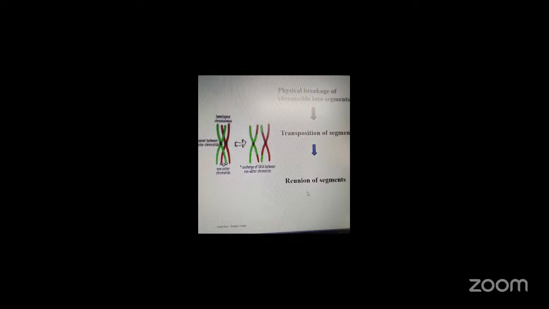The sliding of the chiasma towards the end of the bivalent is called terminalization. See here the terminalization is shown.